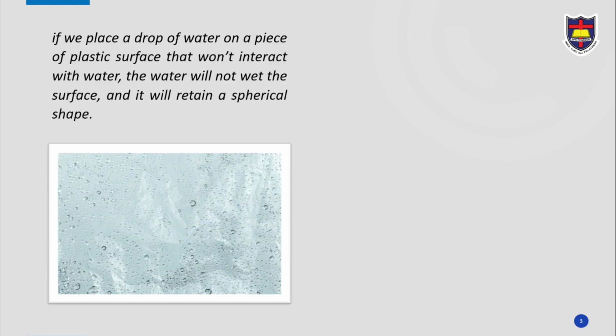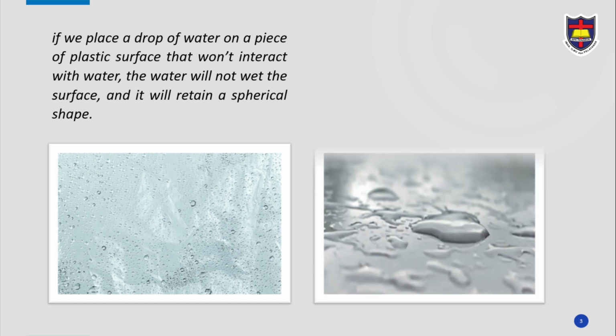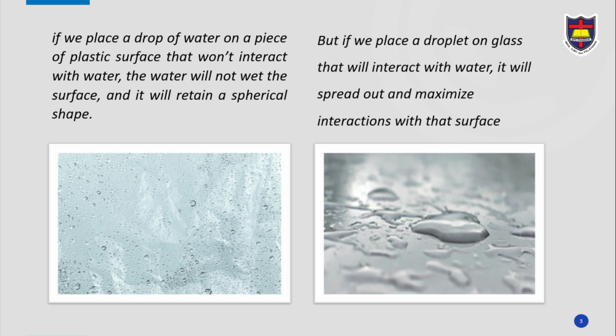If we place a drop of water on a piece of plastic surface that won't interact with water, the water will not wet the surface and it will retain a spherical shape. But if we place a droplet on glass that will interact with water, it will spread out and maximize interaction with that surface. How could that happen?